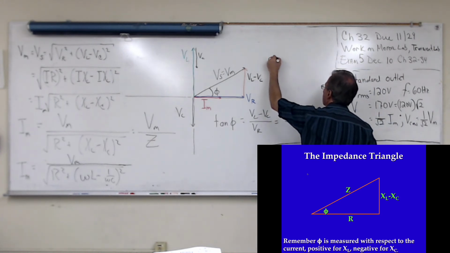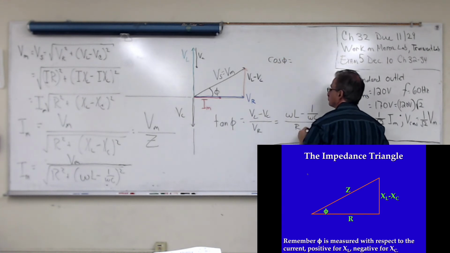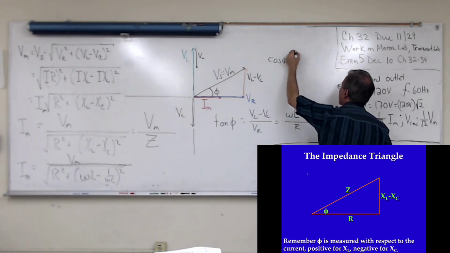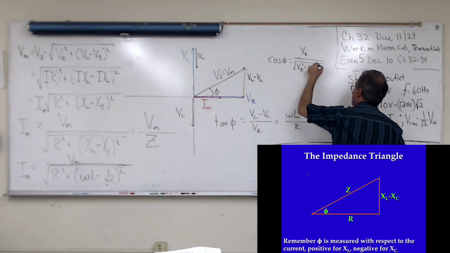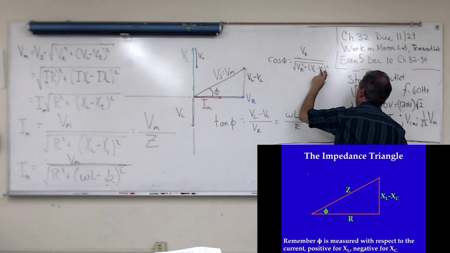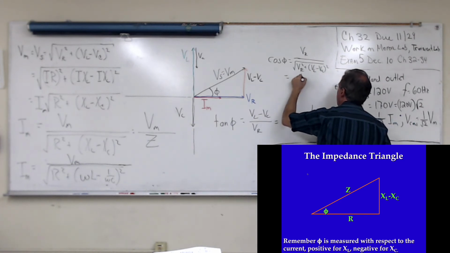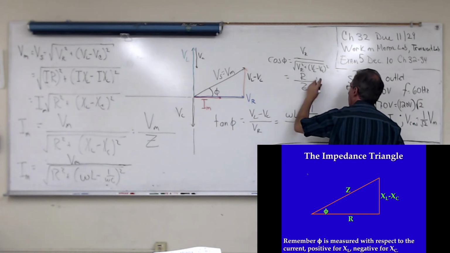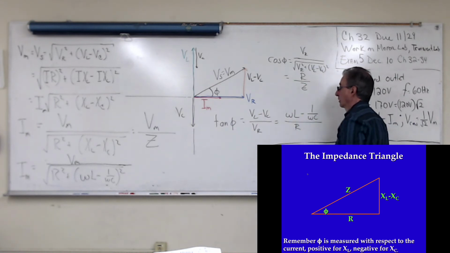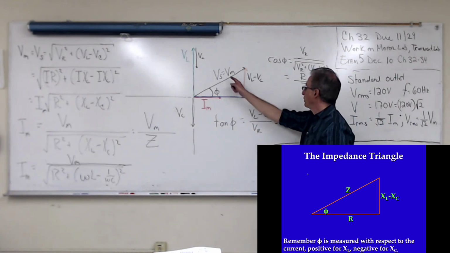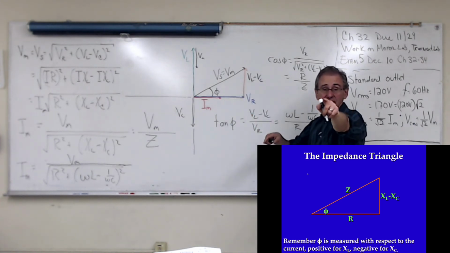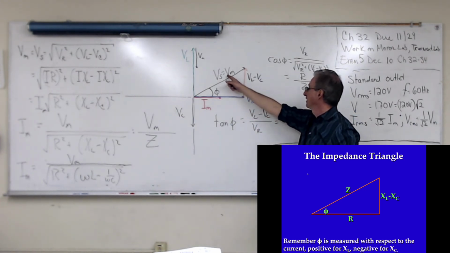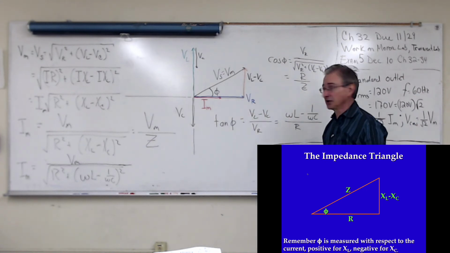Cosine of phi can also be written this way. This impedance triangle I drew with the V's, the one you see in the slide, has X's. If you factor out the I, then you get your impedances and resistances.